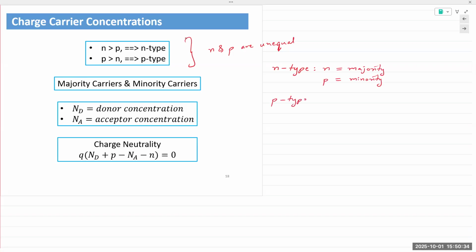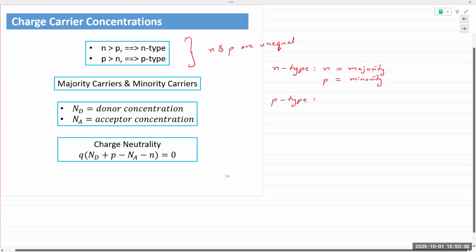And in a P-type material, p, or the number of holes, are the majority carriers, and n minority carriers.